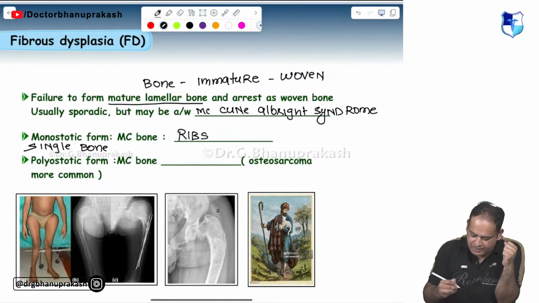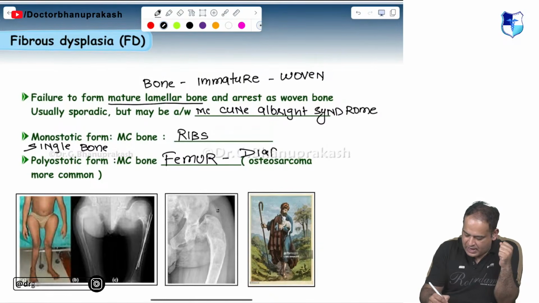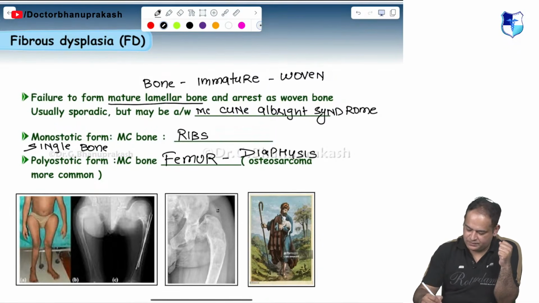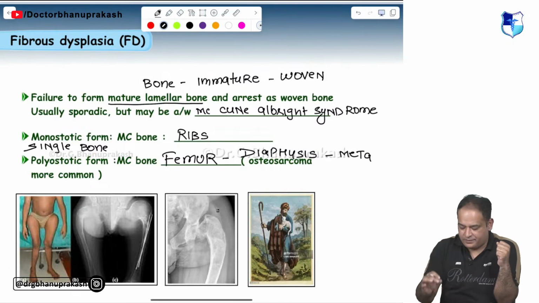In this, ribs are commonly involved. Whereas polyostotic, what is the most common bone? Femur. And which region is commonly involved? Diaphysis and metaphysis. What do they ask here?